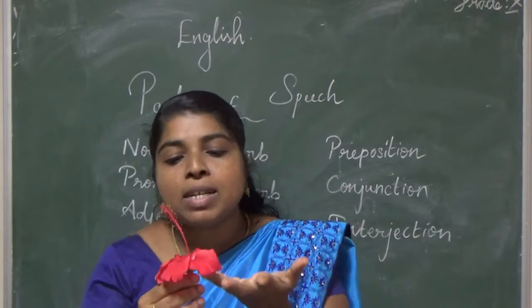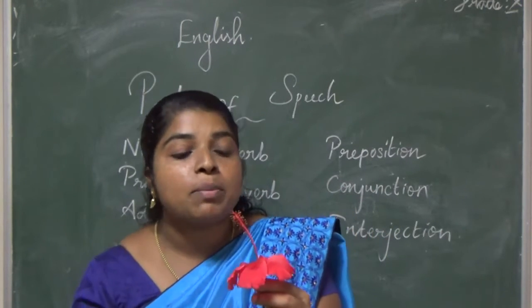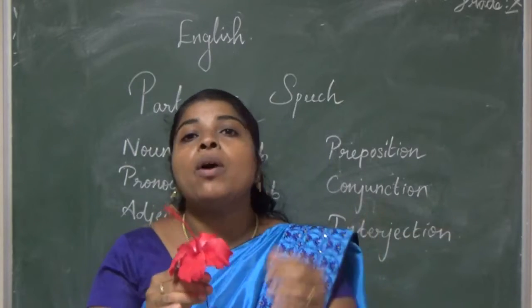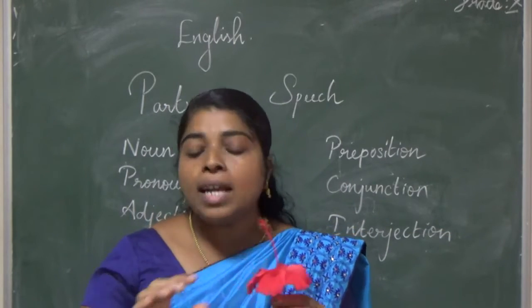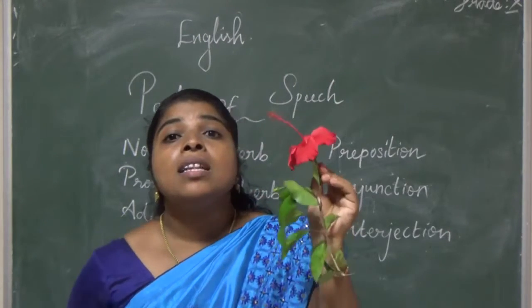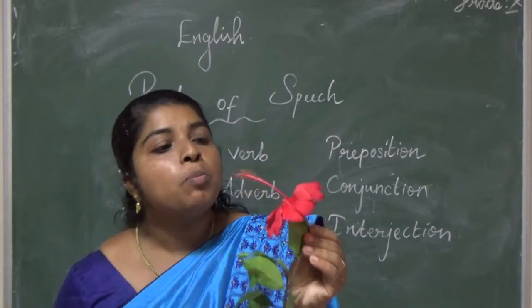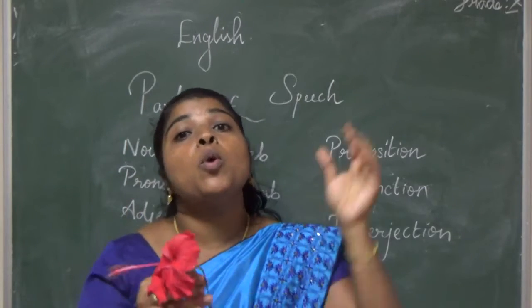Then red flower or beautiful flower, how are you describing it? If you like it, you will say it's a beautiful flower, or you might say no, it's not nice. Whichever way you are describing it, it is called an adjective. Next, this flower blooms during spring. In spring season, the flower blooms.